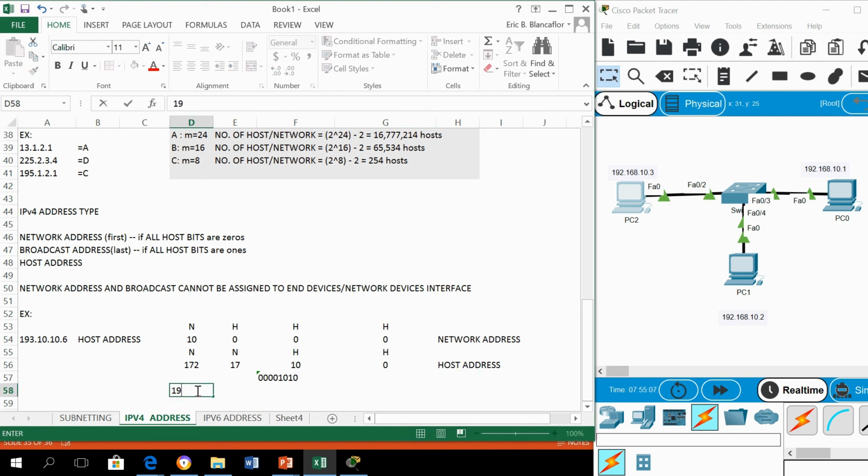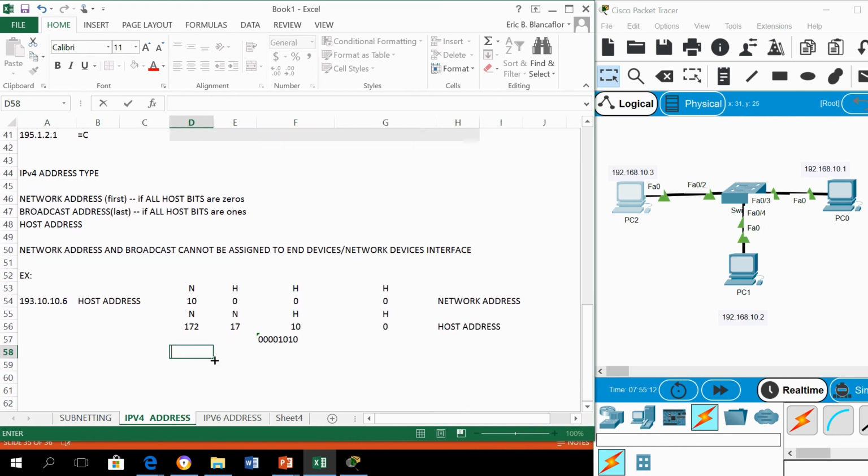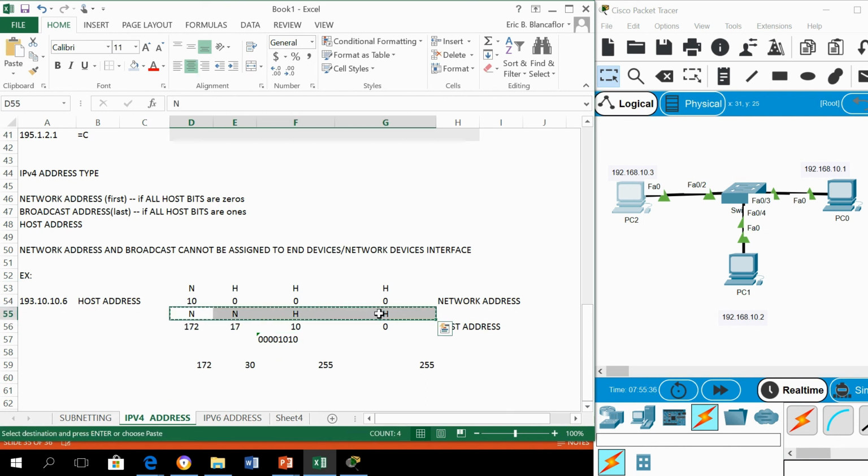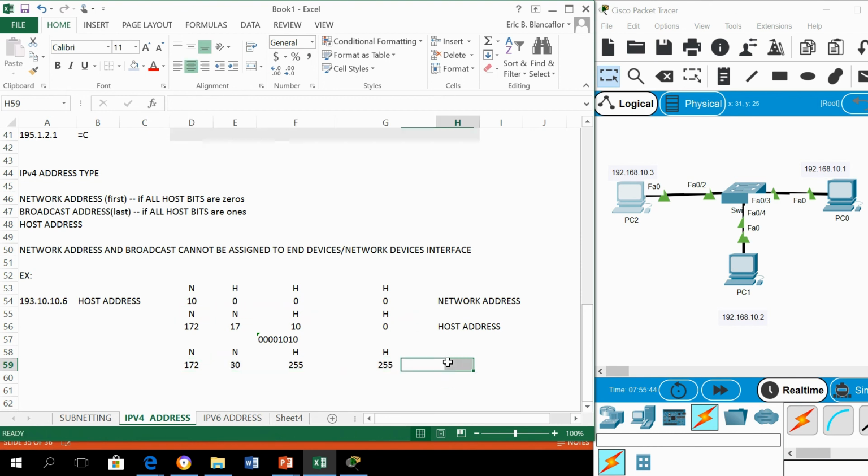Then last, say I have 172.30.255.255. Again, what class is this? This is 172, similar to the previous one, so that is a class B. With class B, the arrangement is network, network, host, host.